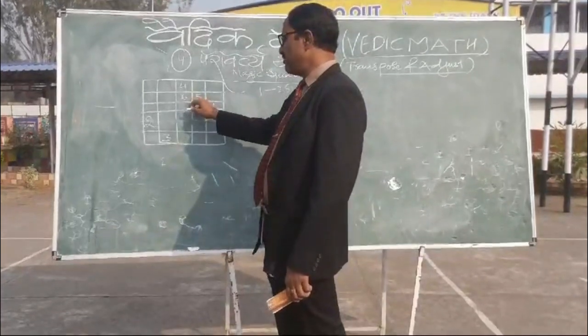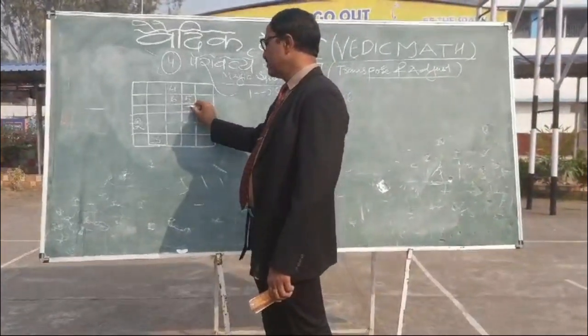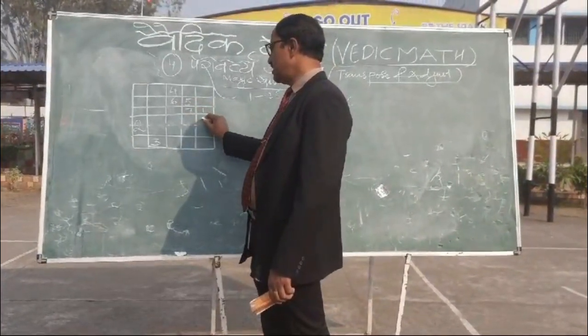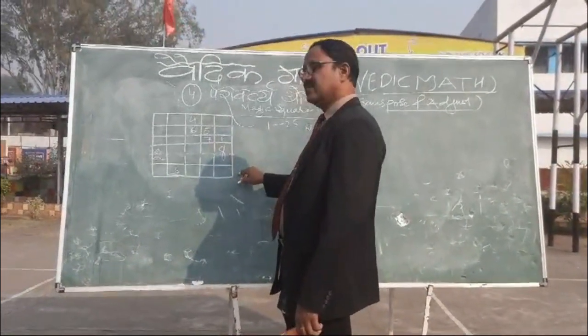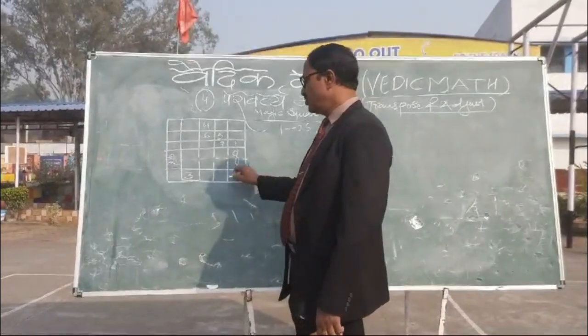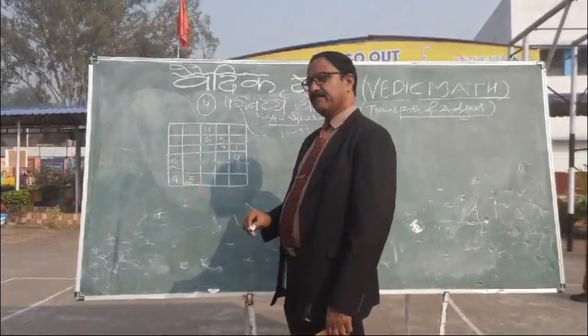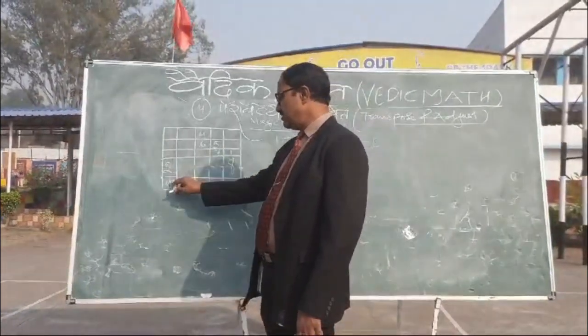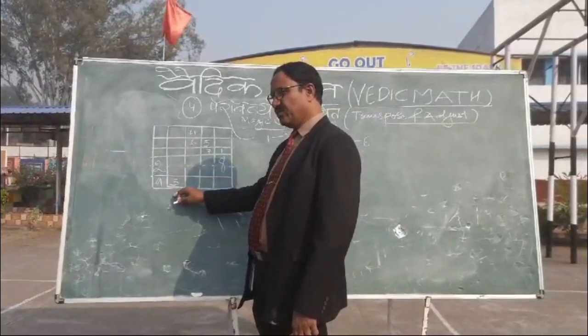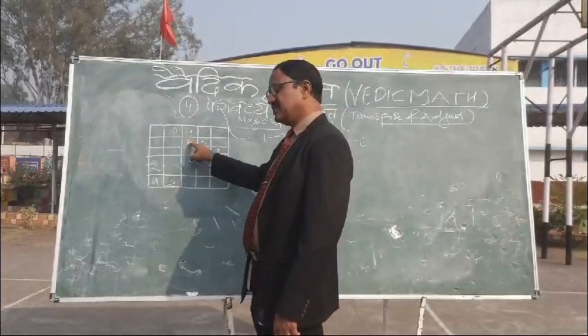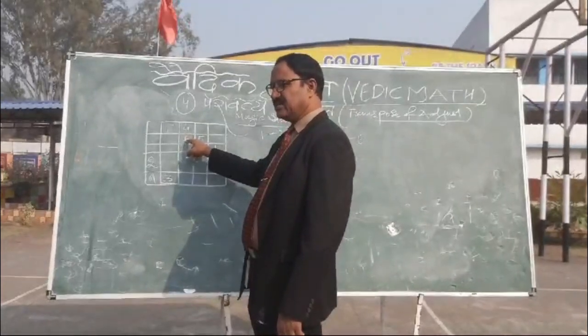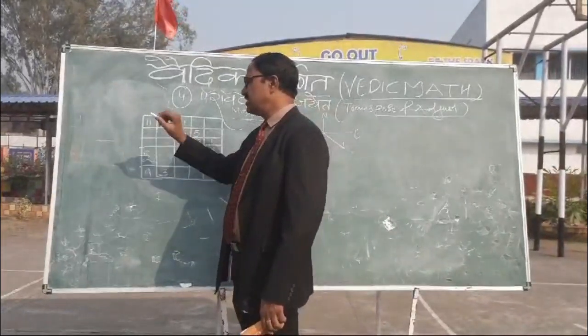After 6, you shift here, 7. After 7, this is 8. After 8, this is 9, but no vacant place, so you shift here. After 9, you shift here, but there is no place, so shift here, 10. After 10, there is no vacant place, so 11 goes to the adjacent position.